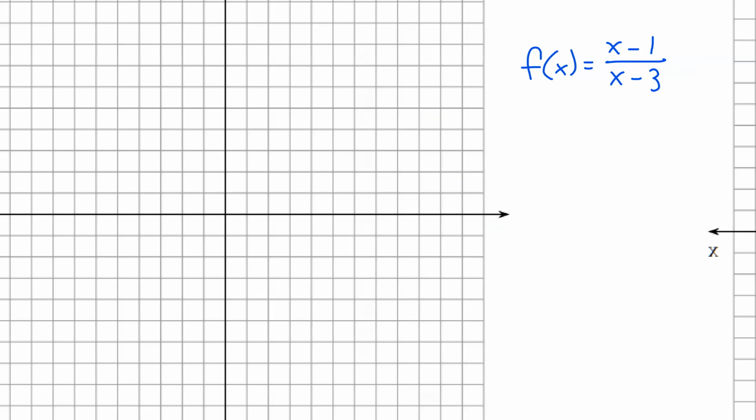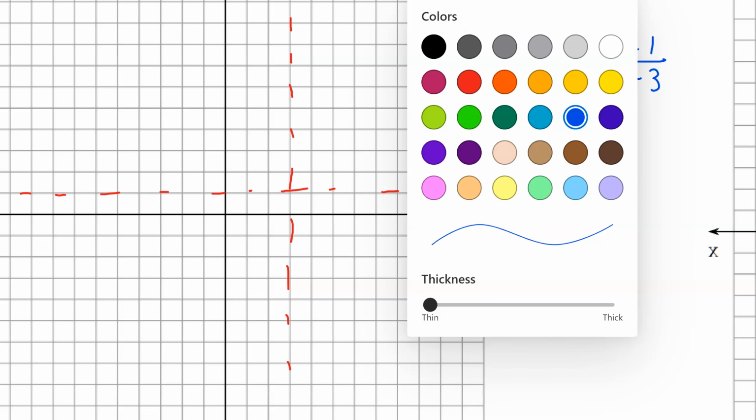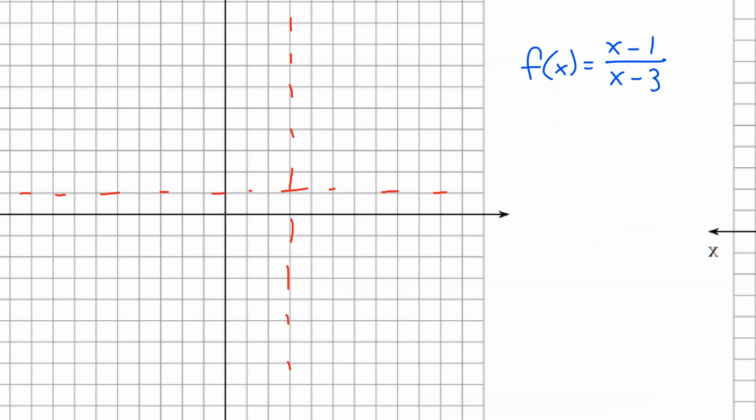The graph of this is going to have a vertical dashed line here and a horizontal dashed line here, and the actual graph, or the actual curves, will look similar to this, and they'll come here.